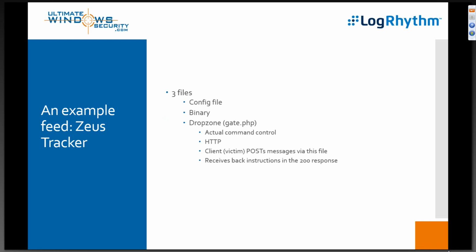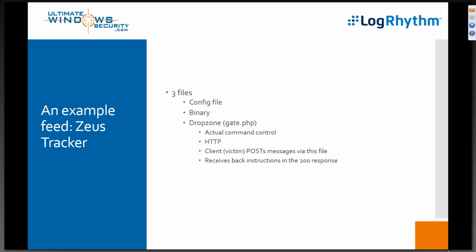There's three files or destination points on the internet that your victim computers will be talking to in the process of getting the agent deployed. There's the config file. There's the actual binary, that is the agent that has to be pulled down and installed.